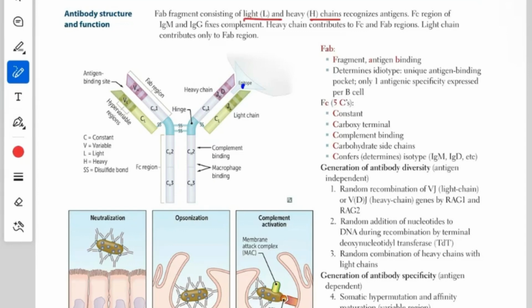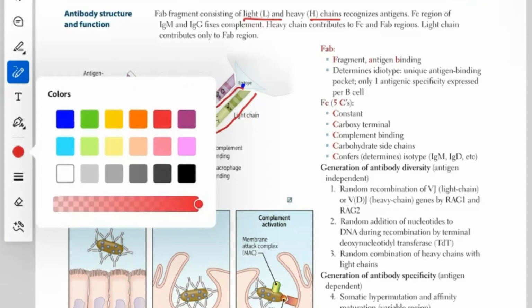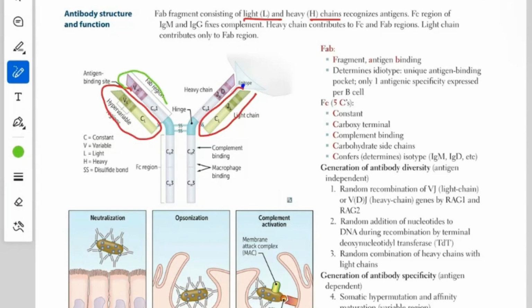The light chain is the smaller part, and the larger chain is the heavy chain. Two arms, one tail, right? Those are the arms and the tail.